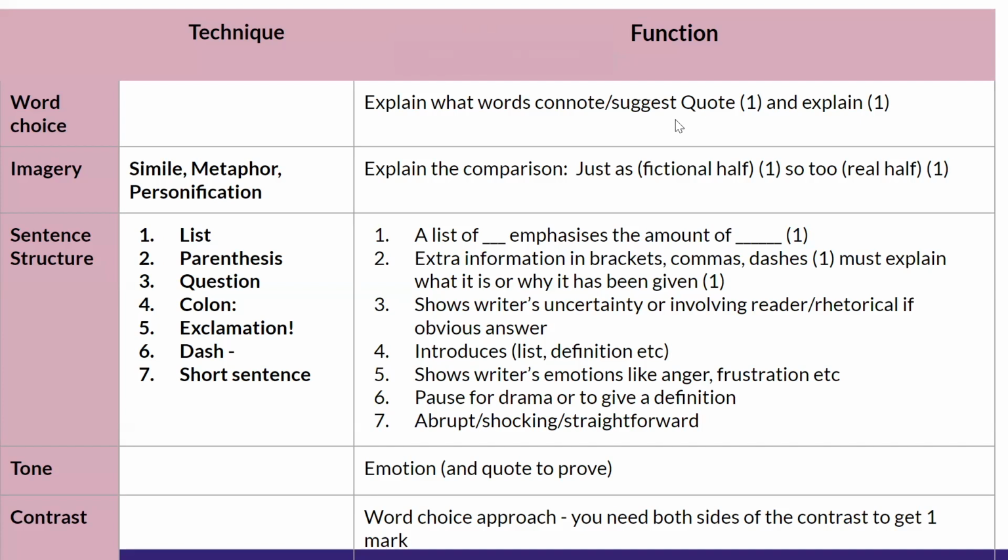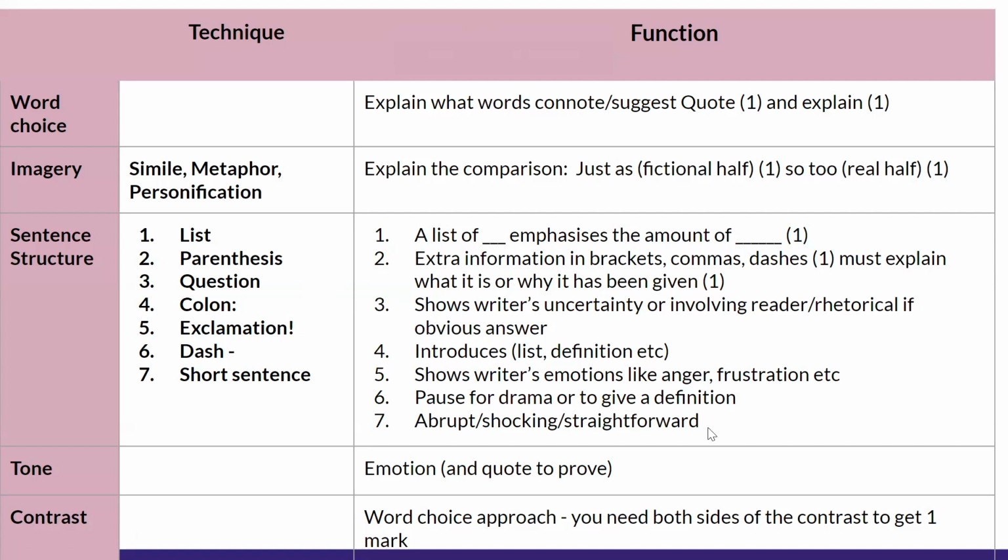The dash, the line here, technically it should be a bit longer, but that's fine. A single dash pauses for drama, or it can act like a colon and give information. Two dashes, so if I had a line here and a line here, then it's two. So just make sure you count your dashes, because a number of times people say it's a parenthesis and it's not, because there's only one.